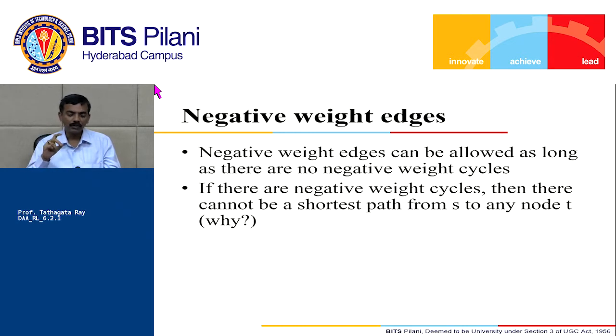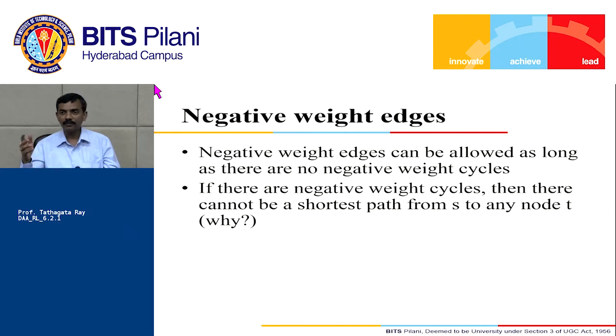One thing I would like to point out: when we are talking of shortest path, what we mean is that we look for a sequence of vertices, a simple path, such that the sum of the weights of those edges is minimum. That's what we call the shortest path problem. If all the weights are the same, it boils down to the number of edges; the path with the least number of edges becomes the shortest path.